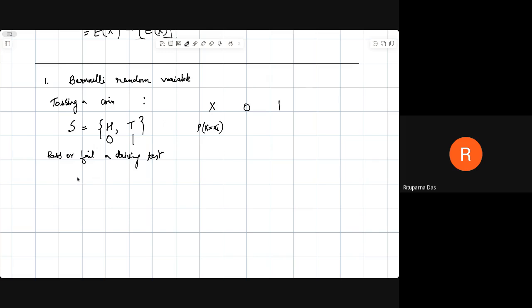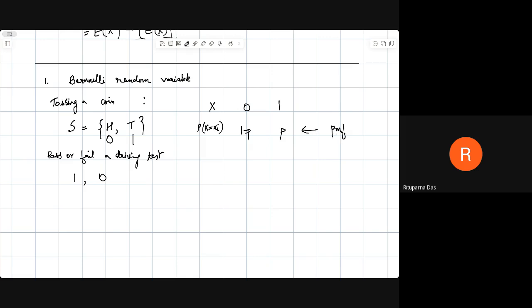The pass will be random variable 1 and fail will be random variable 0, and the probability for random variable 1 will be p. Then we have only two values, so for 0 the probability will be 1 minus p. So what is this? This is the probability mass function.